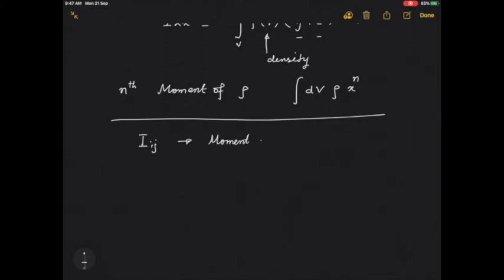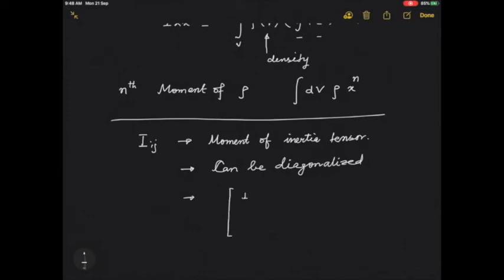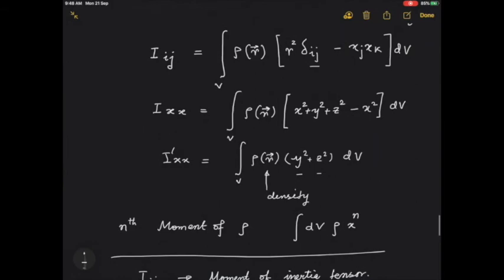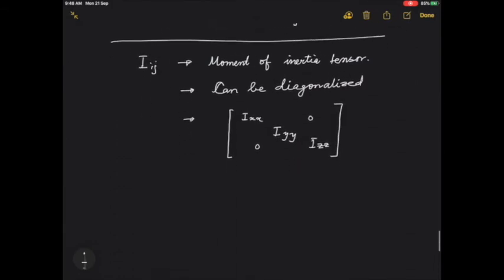Now I is a tensor. This can be diagonalized, which means that then I just have the diagonal components, and now I call them I without a prime.